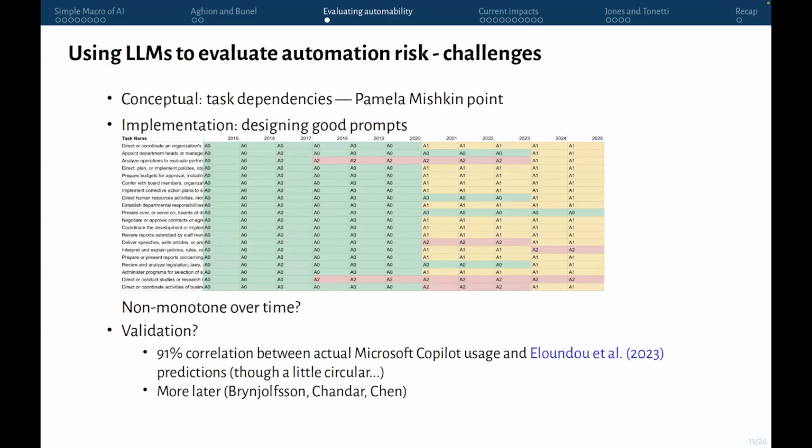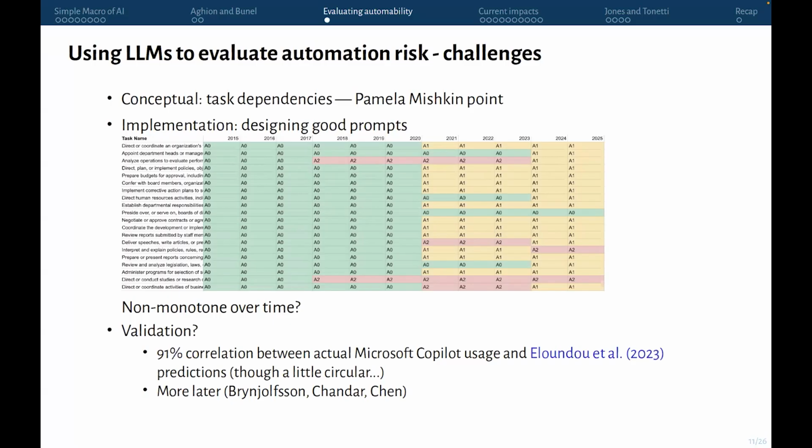If it doesn't fit your priors, you change the prompt so that it produces a result that better fits your priors. So there's a little bit of alchemy going on here. I do think there's a possibility of doing this in a better way, but there's a little bit of this where you're just redesigning the prompt so that it matches things that you think it's going to produce.